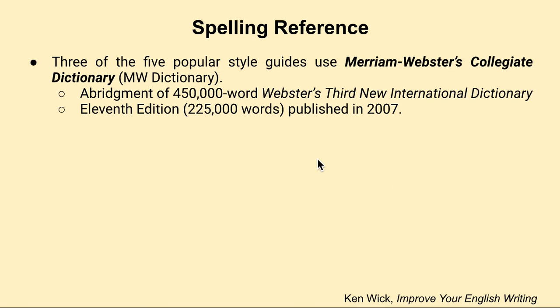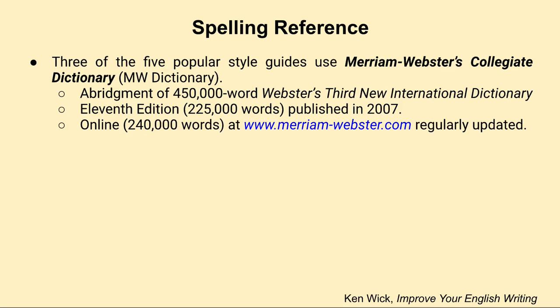This Collegiate Dictionary's last published edition was the 11th edition, which contained about 225,000 words. It was last published in 2007. Actually, I have a copy here on my bookshelf. Maybe I should have taken a picture of it and put it in the slide. But the good news is, buy the dictionary if you want to.